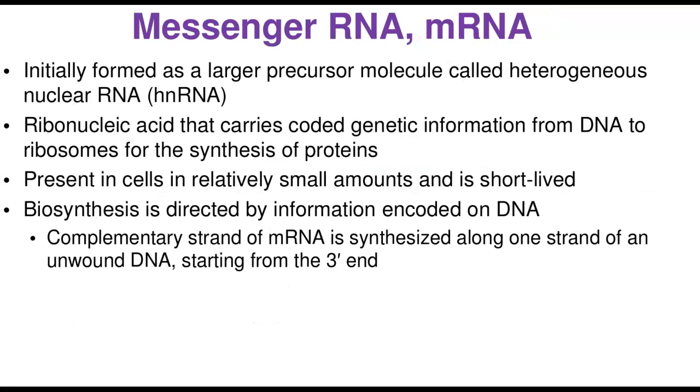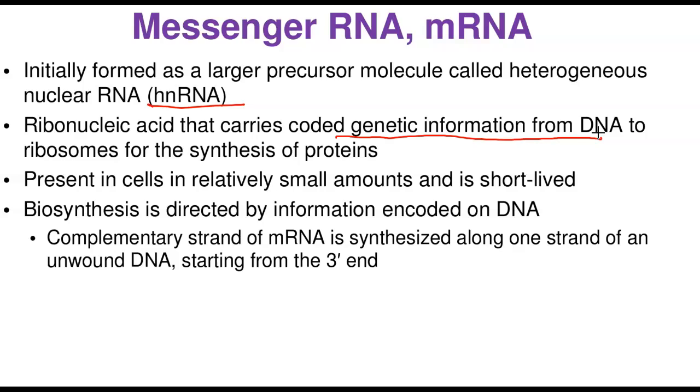Now, the messenger RNA. This is initially formed as a larger precursor molecule from the heterogeneous nuclear RNA. It is the ribonucleic acid that carries the genetic information from the DNA. This is the first one that is synthesized from DNA, of course, to go to the ribosomes for the synthesis of protein.